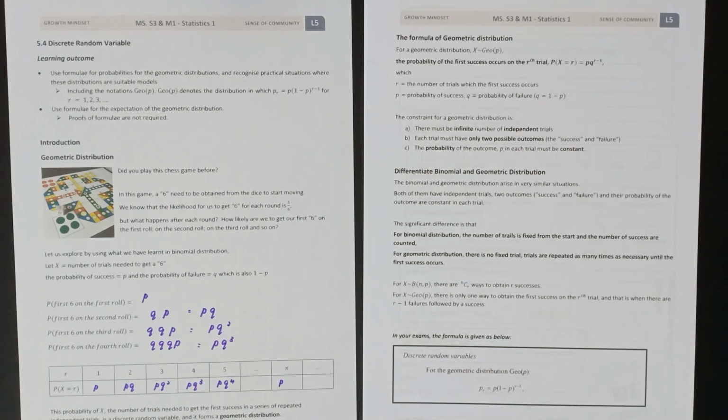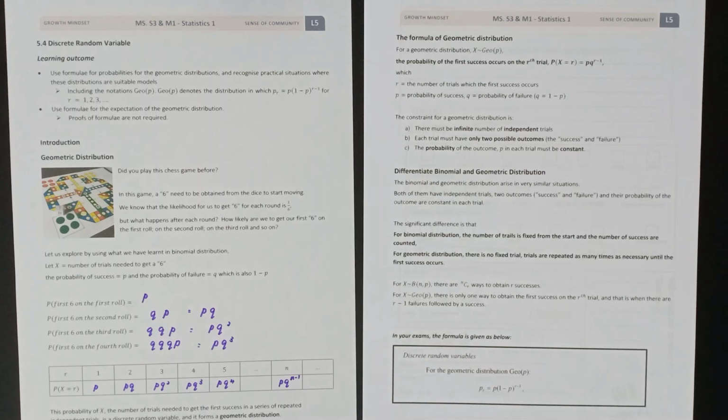If your first success is at 4, then you get 3 failures. If your first success is at the 5th time, then you get 4 failures. So if your success is at the n-th time, how many failures do you have beforehand? It's Q to the power n minus 1. Just like that, this will be our formula for geometric distribution.